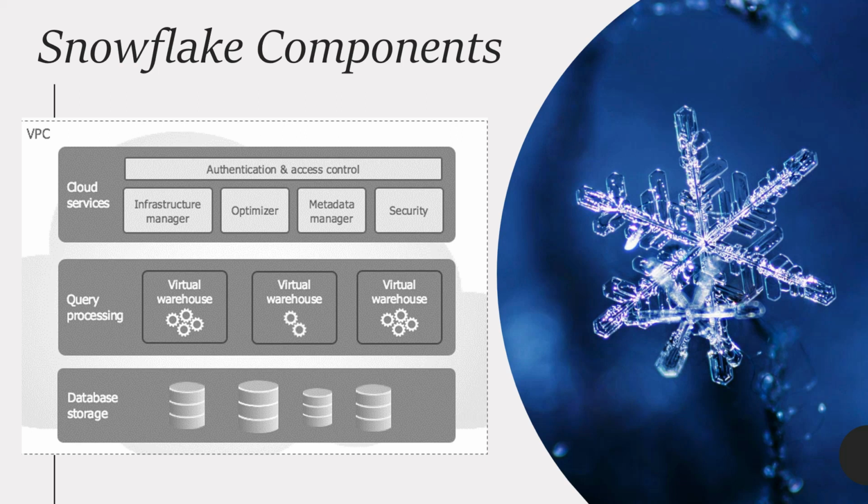So these are the very high level 3 layers that Snowflake has, and it's a hybrid structure. It's shared disk because data is stored in a database storage which is shared across the virtual warehouses, and it is also shared nothing because you have a separate query processing and database storage in a decoupled manner.